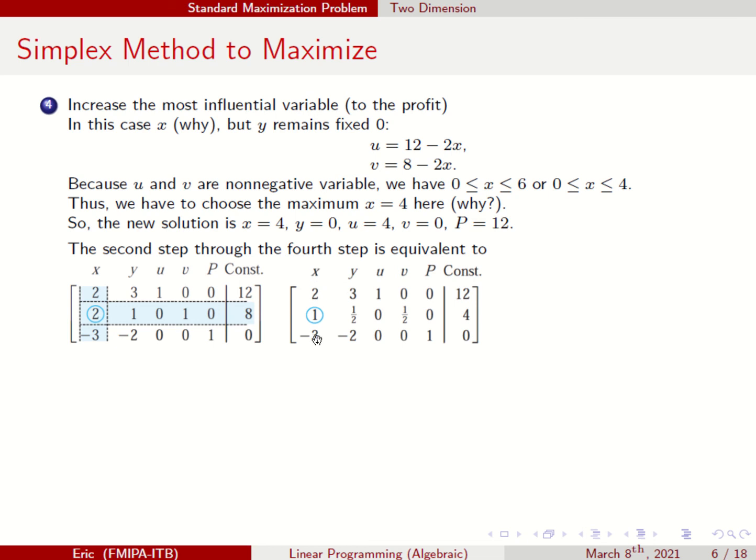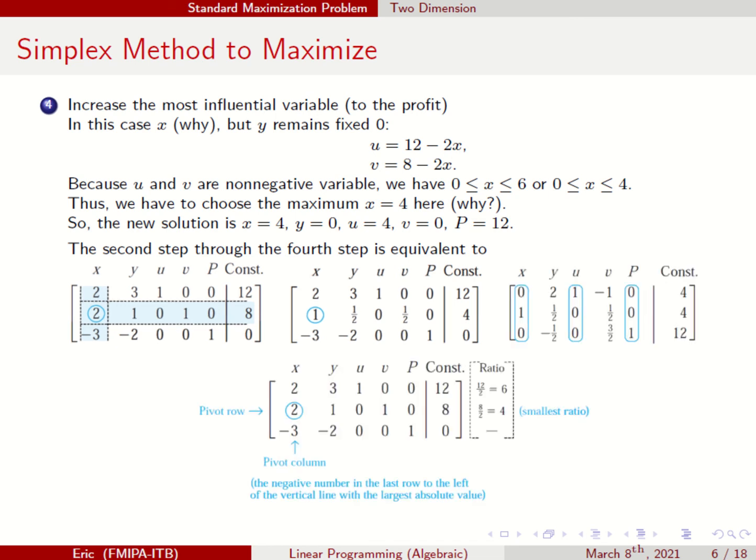So this should be 0, this should be 0, and you can use elementary row operations, and you get this. So you read this simplex tableau: x equals 4, u equals 4, p is 12. The rest is 0. y is 0, v is 0. That's how you read this simplex tableau.